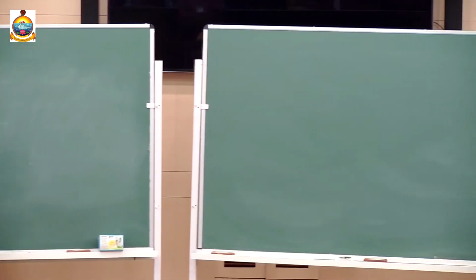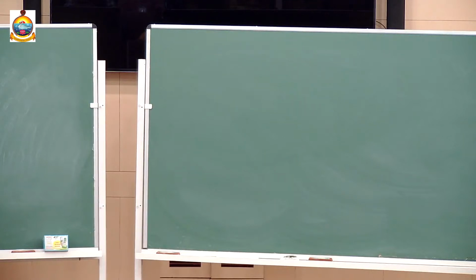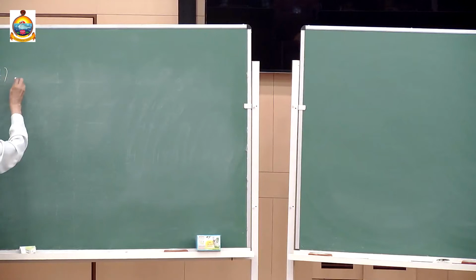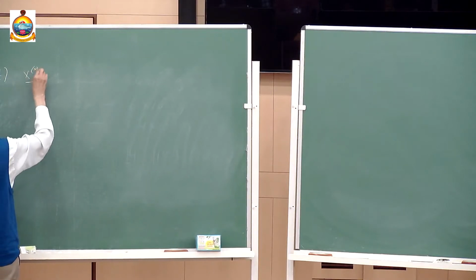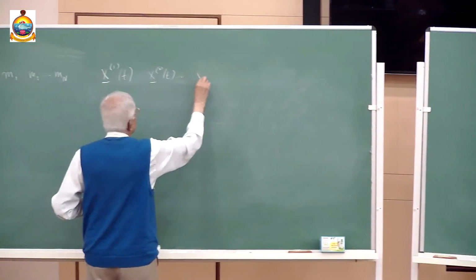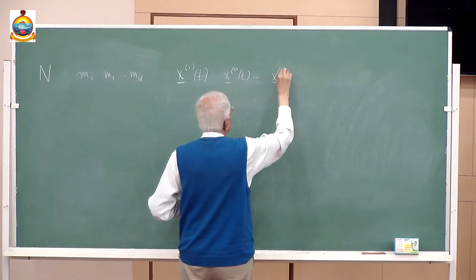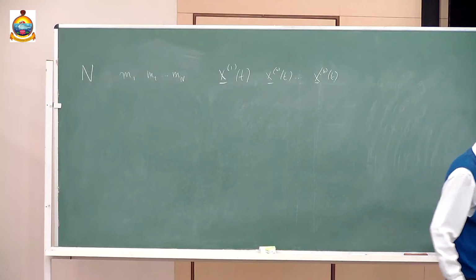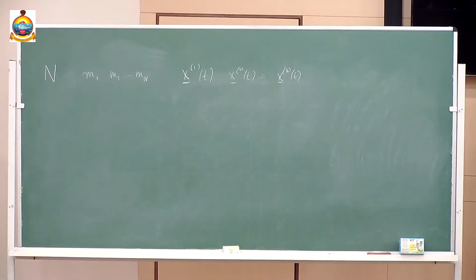So to begin with, we describe their motion using Cartesian three-dimensional position vectors in the inertial frame for each of these bodies, and each of them is thought of as a function of time.